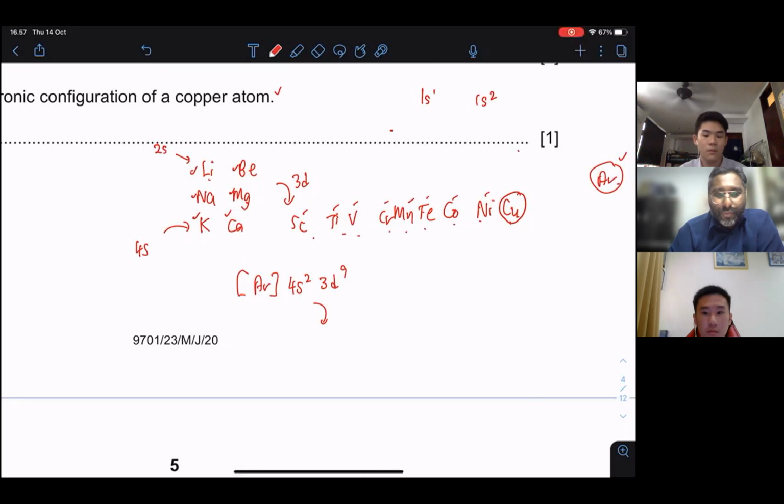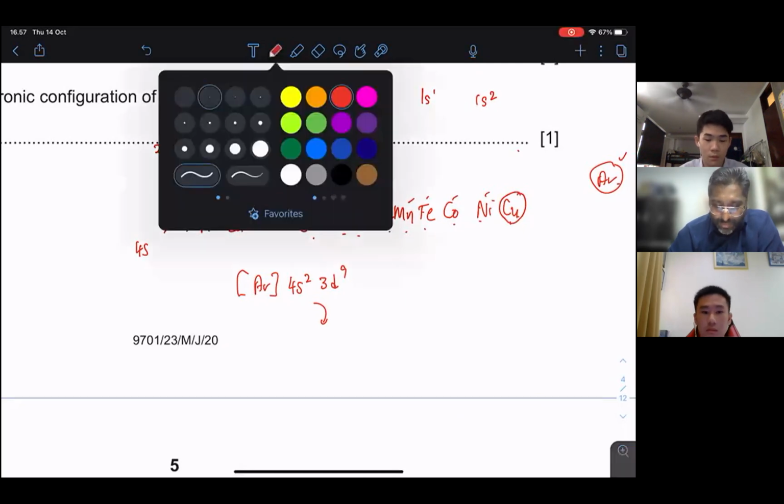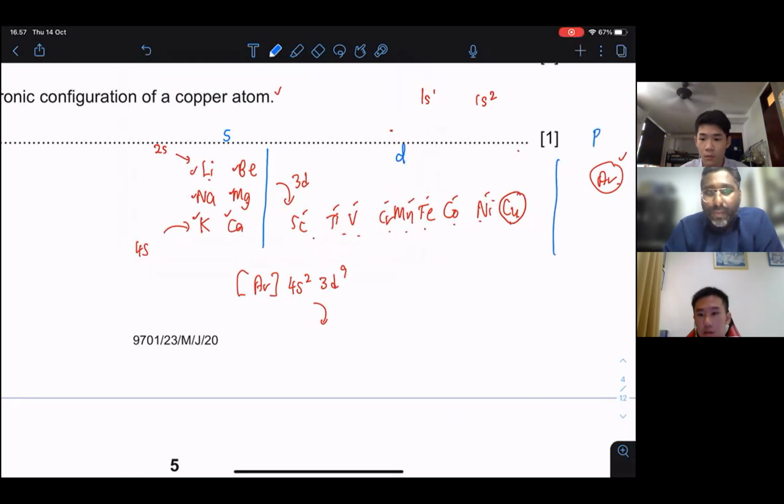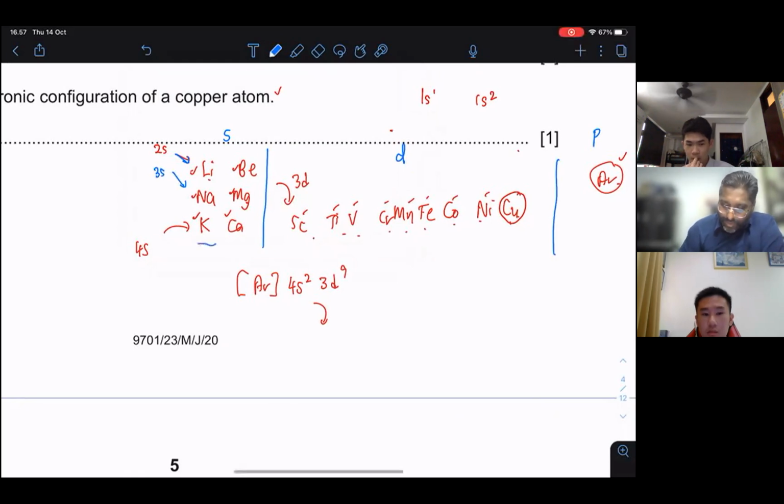If you want to use this method, this is called the S block, this is the D block, and this is the P block. So this is 2s, this is 3s, and this is 4s.